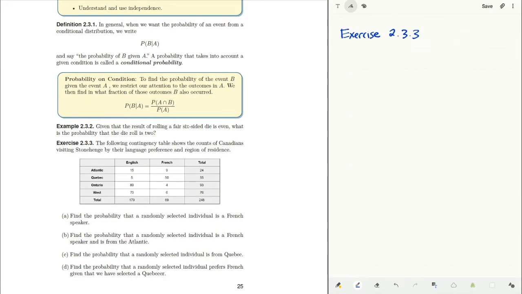Now let's take a look at an example of finding probabilities by using a contingency table. This table shows the counts of Canadians visiting Stonehenge by their language preference and the region of residence. Let's find the probability that a randomly selected individual is a French speaker.